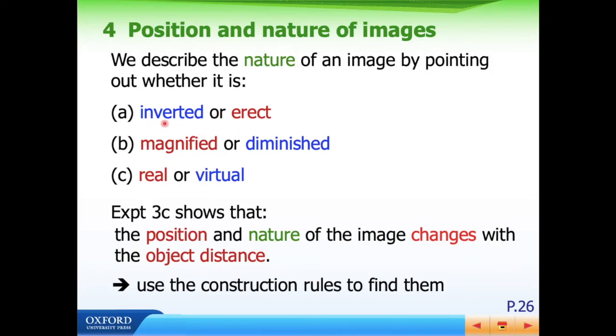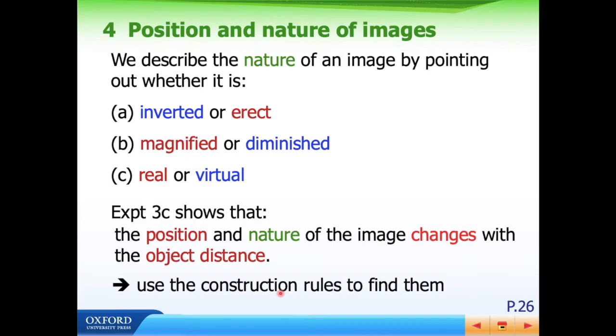You have to take note of these keywords because you use them often. Experiment 3C, the experimental setup that I showed you, shows that the position and nature of the images change with the object distance. The image formed by the convex lens is dependent on our object distance.